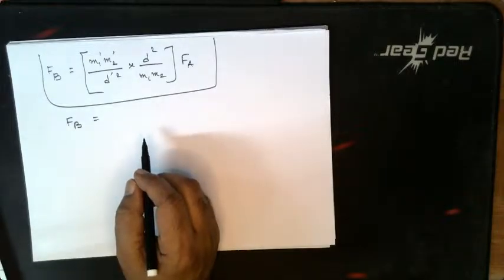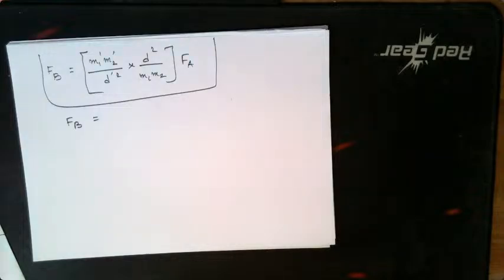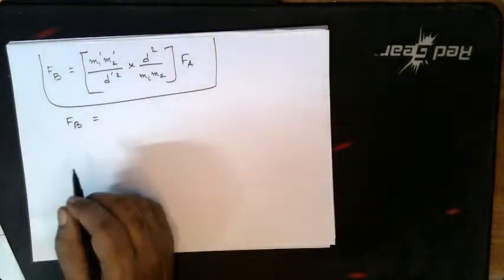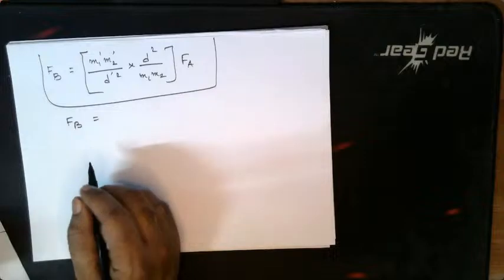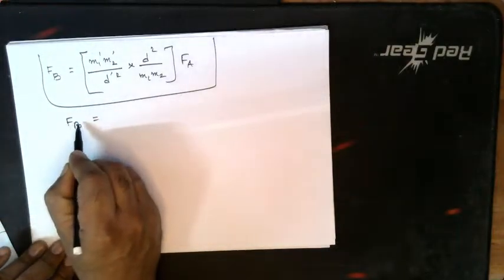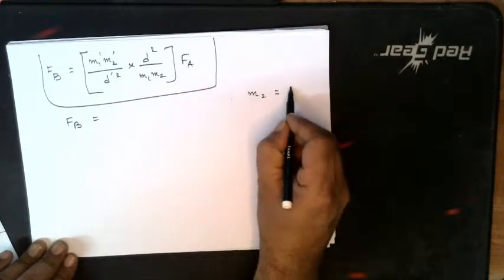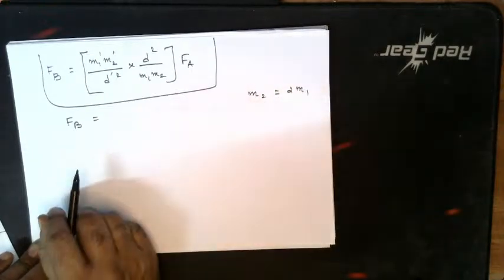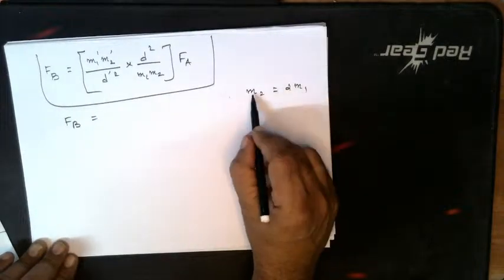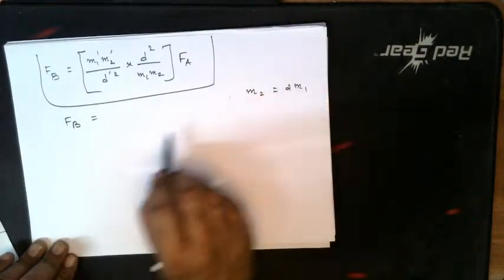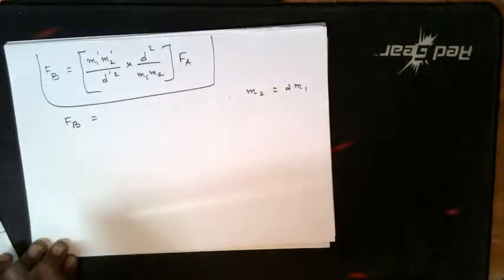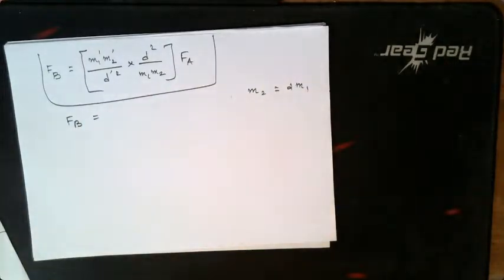So the first question is mass is doubled here. Now, I would suggest you go like this: FB and M1, M2 is equal to what? M2 is twice the M1. So can you substitute? I have given some clues, based on that you can proceed. Try.